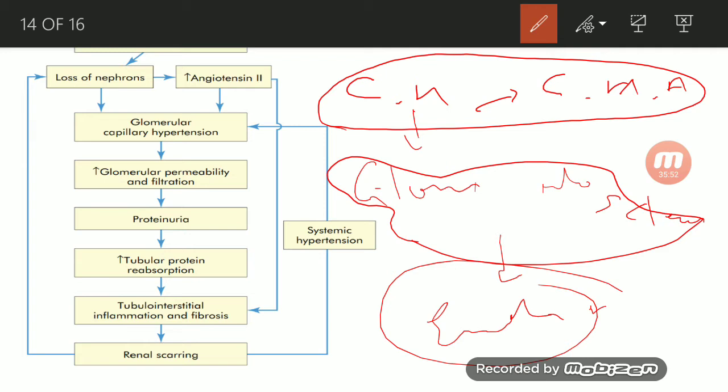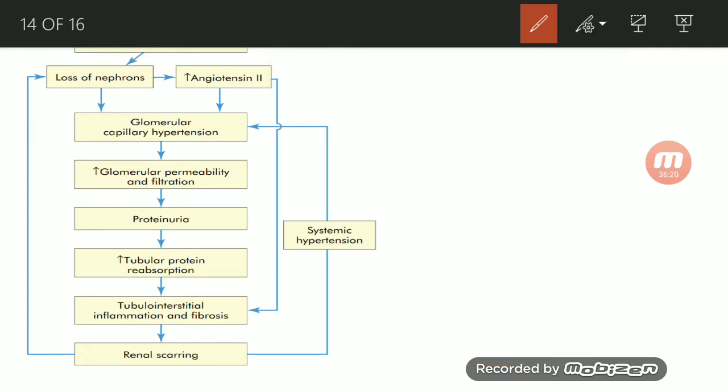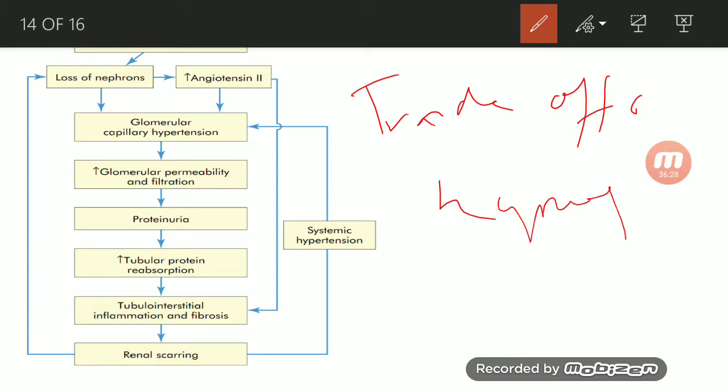This glomerulosclerosis occurs because you are increasing the workload of your nephrons. When you increase their workload more than normal, they are bound to get damaged in the end. So they form glomerulosclerosis, and then finally you have end stage renal failure. This is known as the trade-off hypothesis.